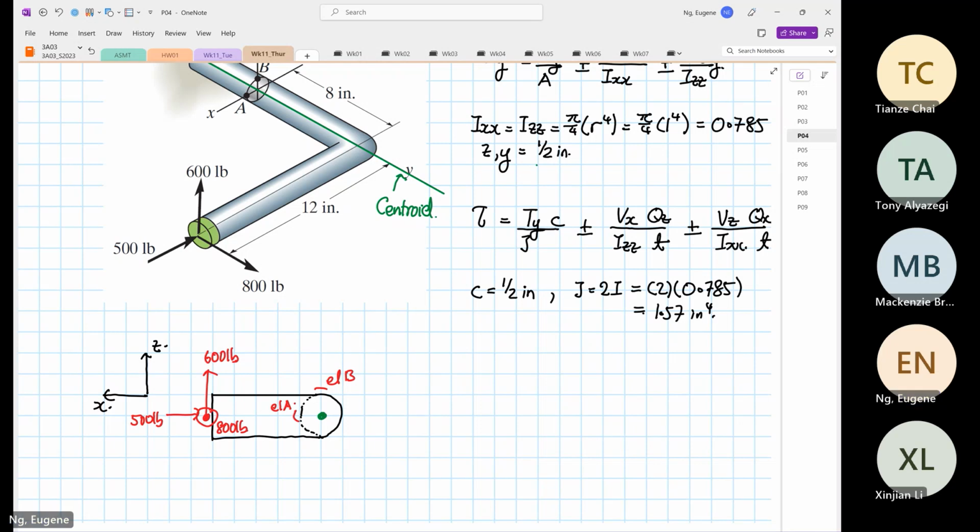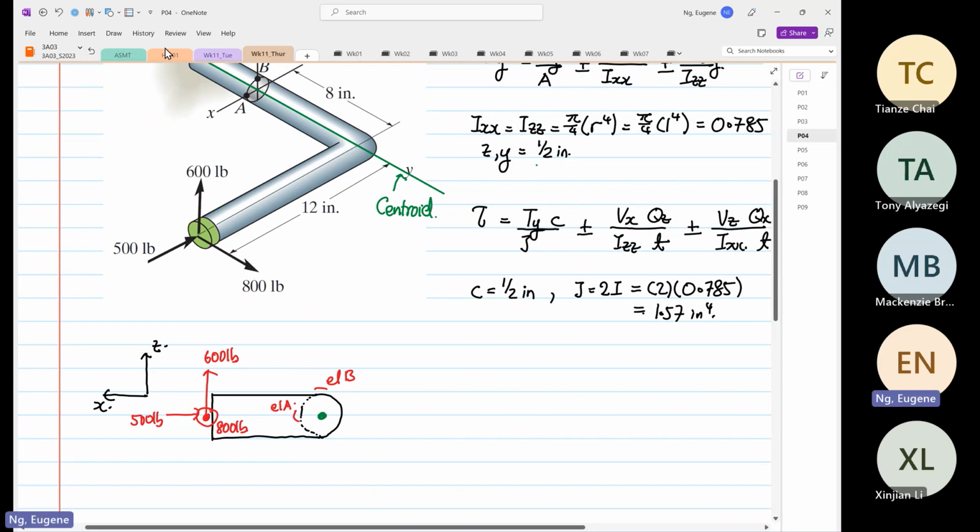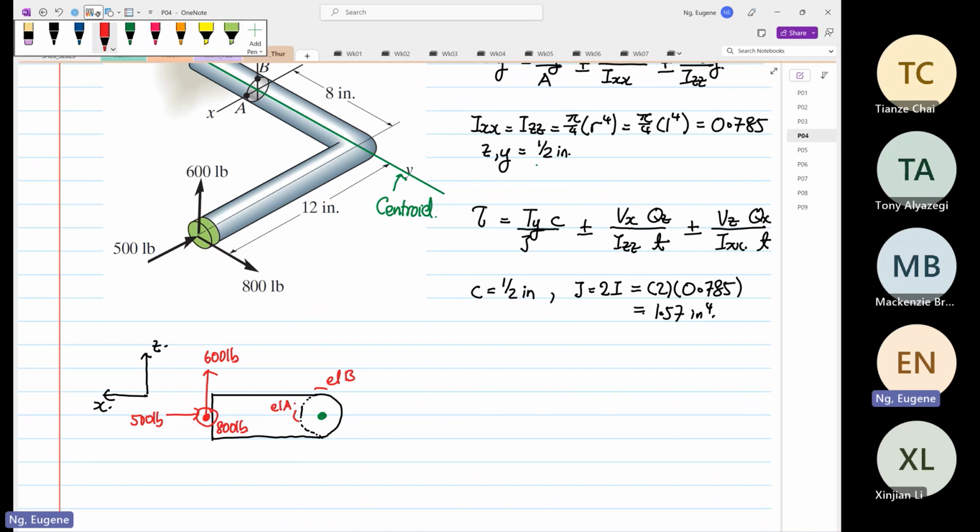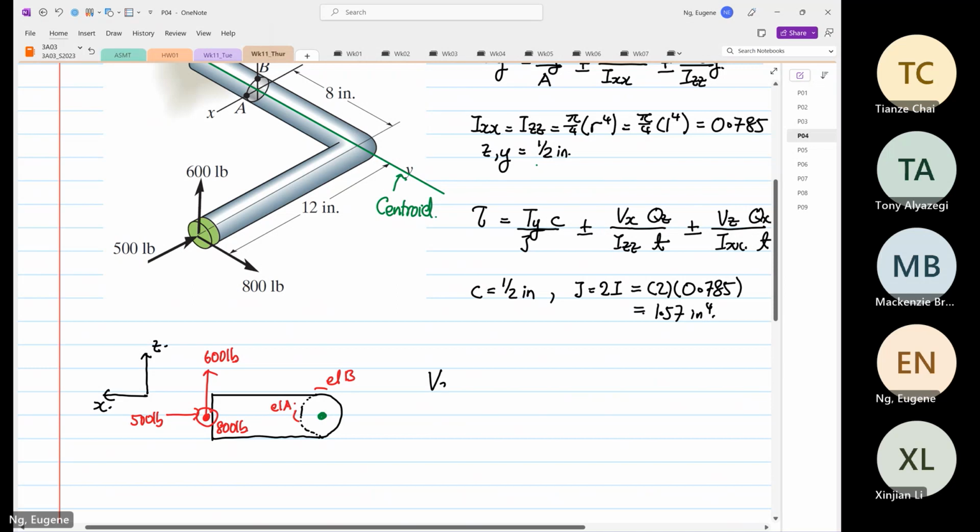Okay. So from here, we can write out what we can see. Let's look at the 500 first. The 500 is acting exactly onto the centroid, so there's no perpendicular distance. So we know that Vx is equal to 500 pounds.